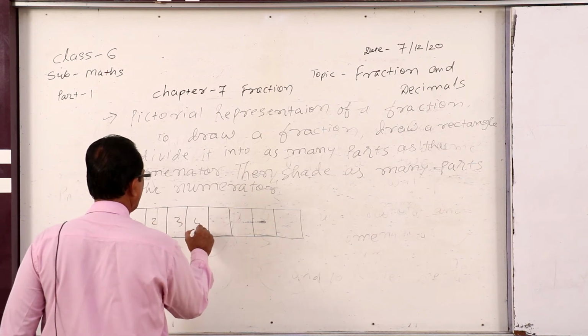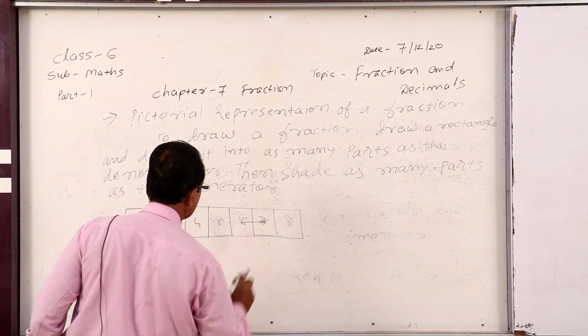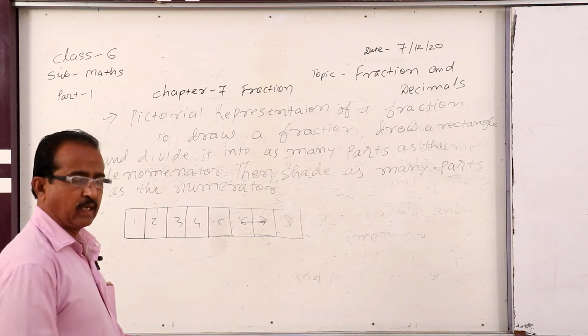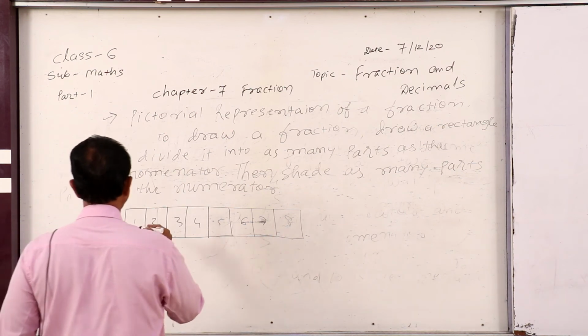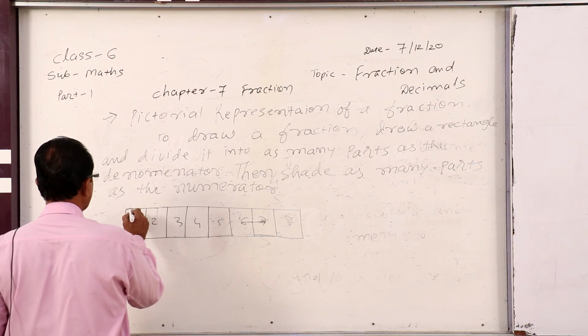One, two, three, four, five, six, 7, 8. Now I want to shade 3 parts.